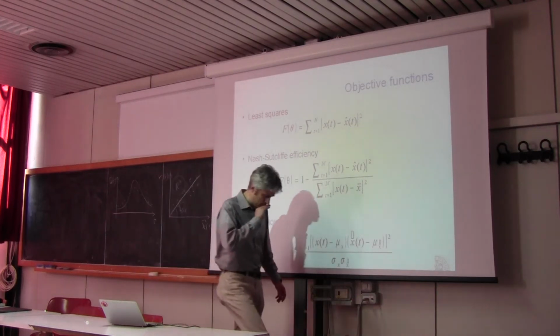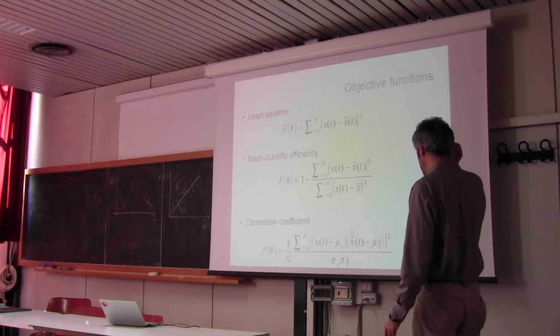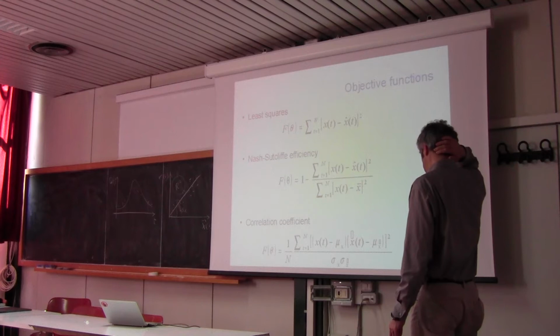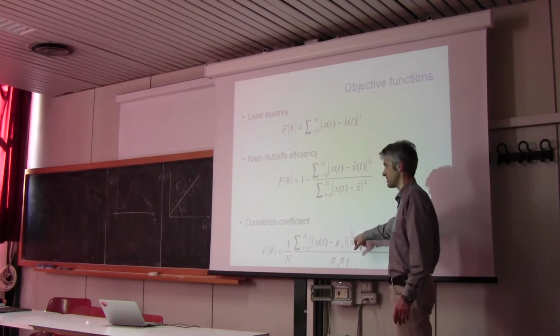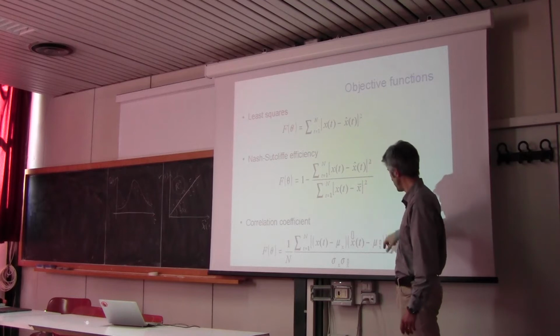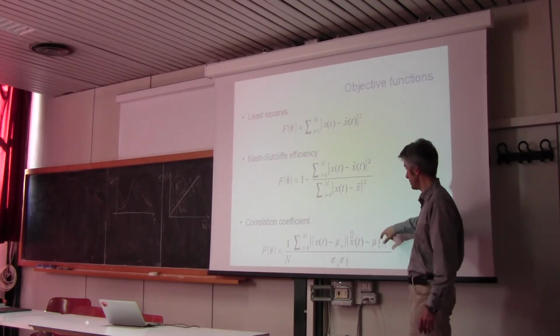Let me see, because there are some symbols here that are not clear. This is the estimated x, so this is like the symbol here. And the same here, this is the mean of the simulated.